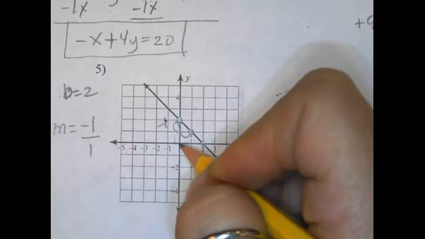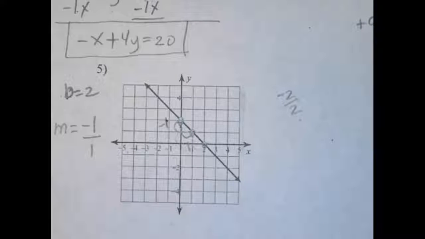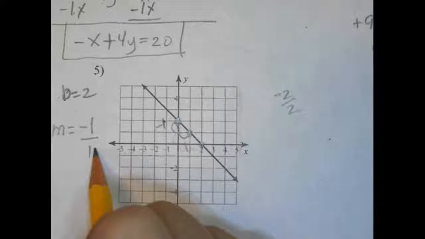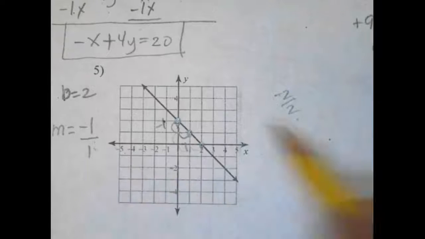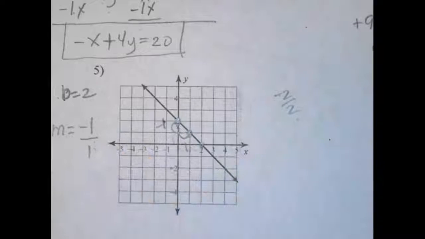And I went right how many? +2. What is -2 over 2? What is it, Clarissa? It's -1, right? What did I say my answer over here was? Doesn't matter. You can pick any point you want. When you reduce your slope, you're still going to end up with the same thing. Okay? Does that help? Okay.